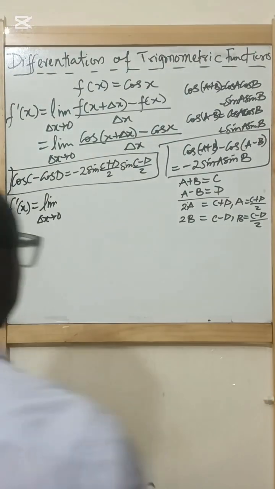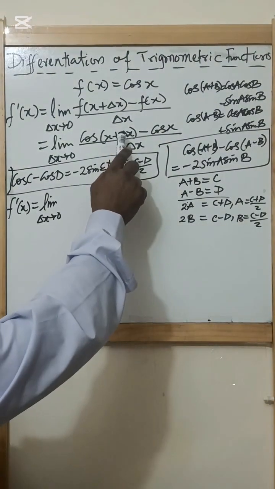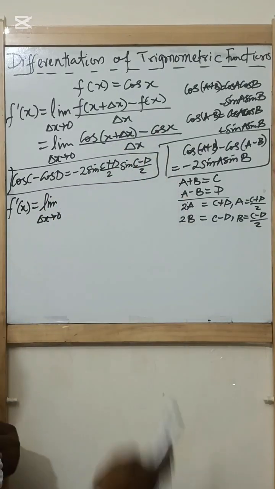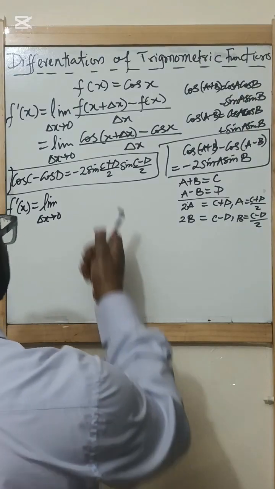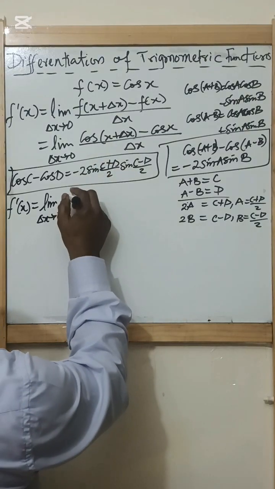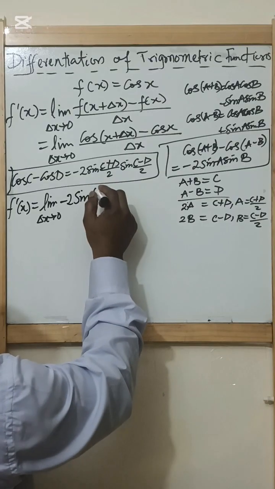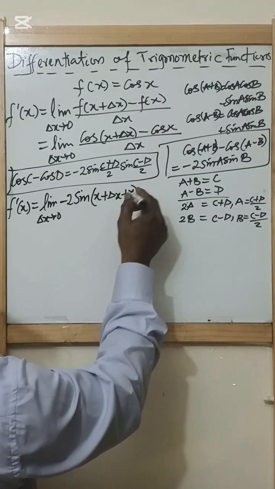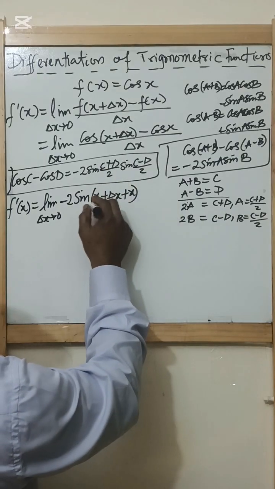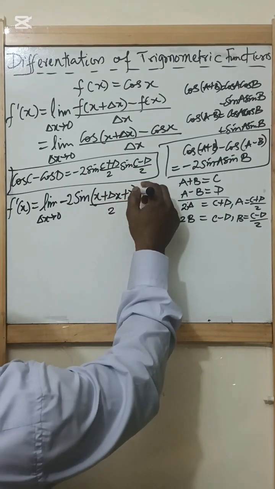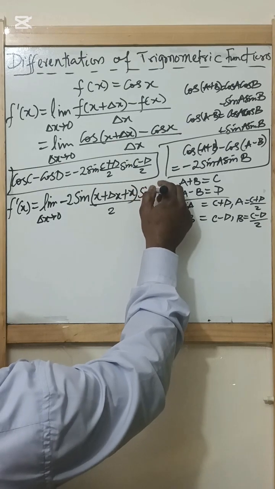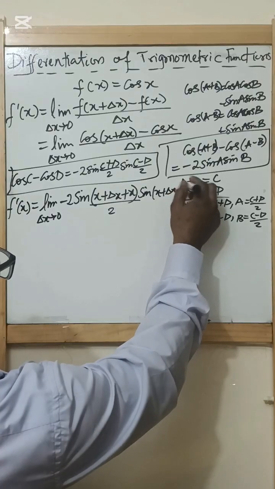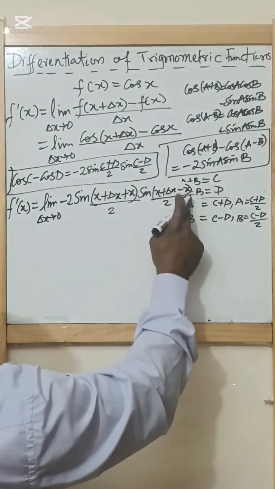When we replace this with C and this one as D, then that becomes minus 2 sine of (x plus delta x plus x) all over 2, then sine of (x plus delta x minus x) all over 2, right?